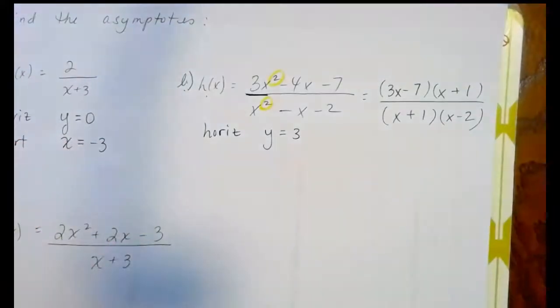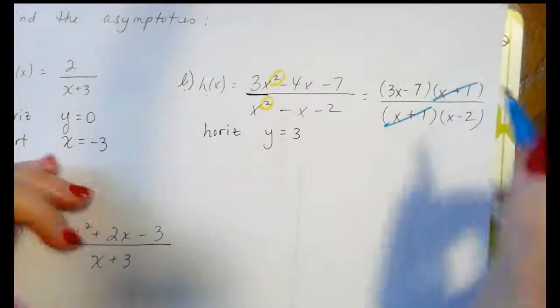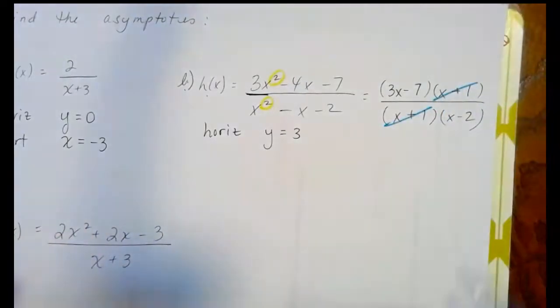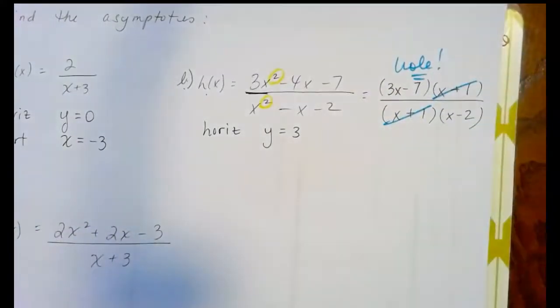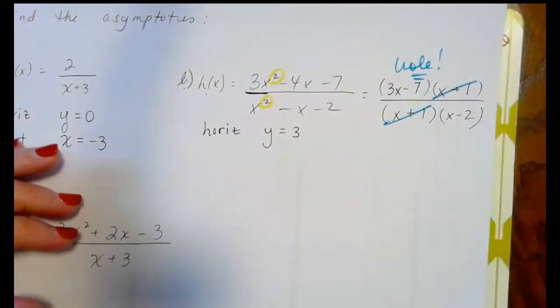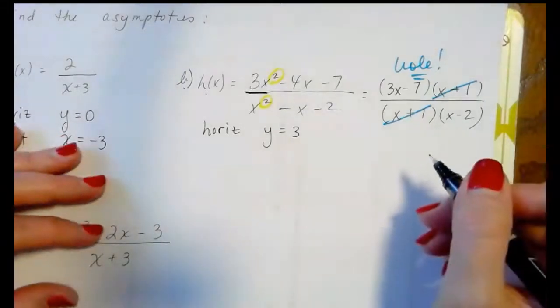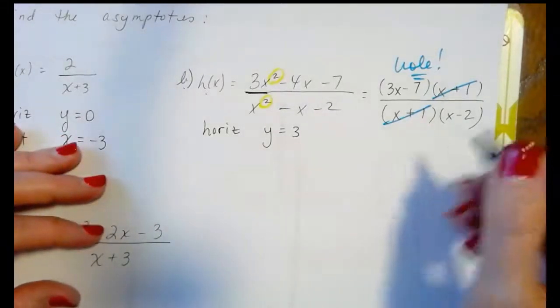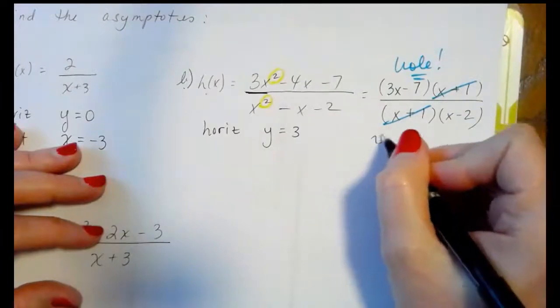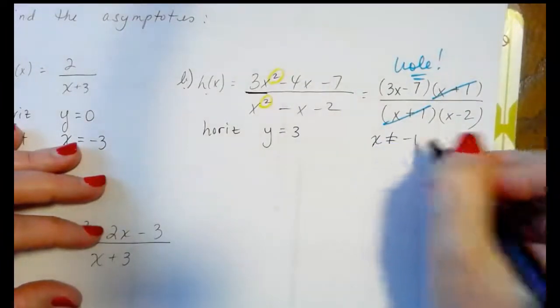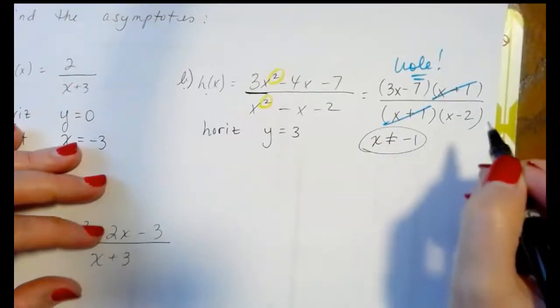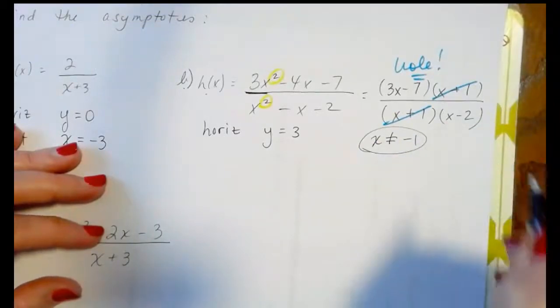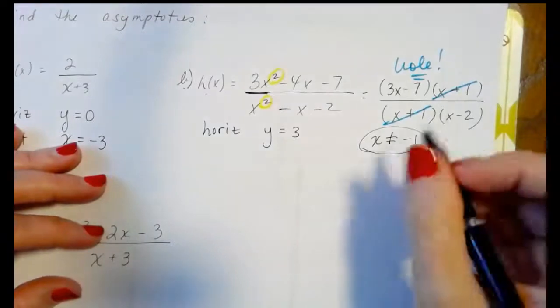So what we see here is that we've got a factor that's going to cancel. Fantastic. If the factor cancels, that's telling us that we have a hole or a point of discontinuity in the function. So in order to find that hole, we're going to take our restricted value, so x cannot equal negative 1, and plug it back into the simplified function with substitution.